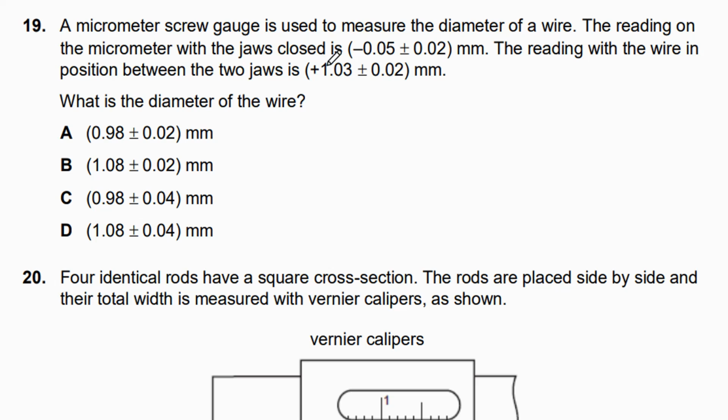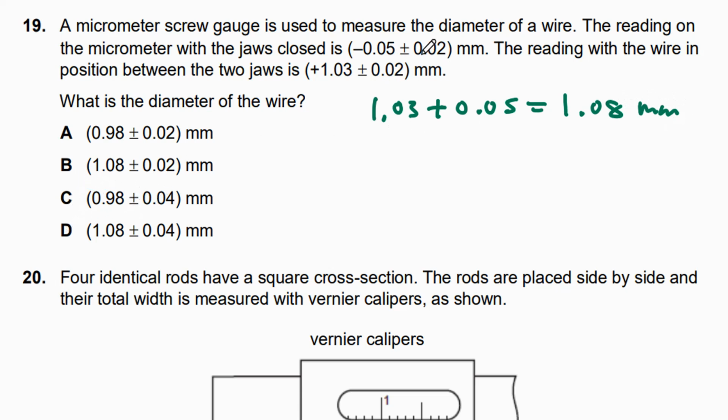So when the jaws are closed, the reading is not 0. It's negative 0.05. And with a wire in position, it's positive 1.03. So to get the actual diameter of the wire, we need to take our reading with a wire in position and add 0.05. So that's 1.08 millimeters. So our answer here would be B or D.